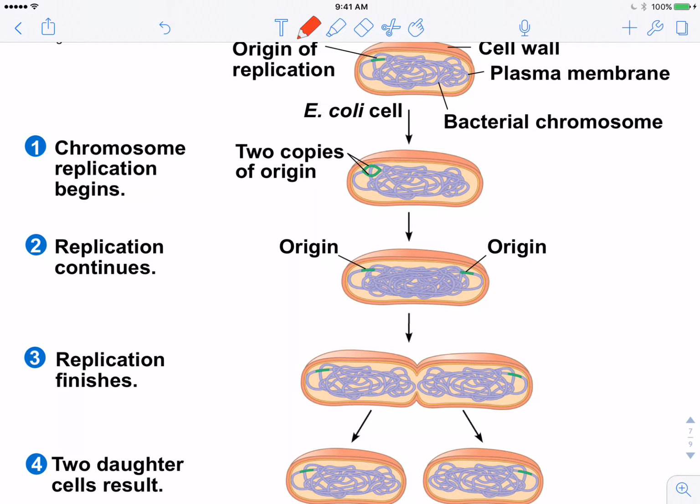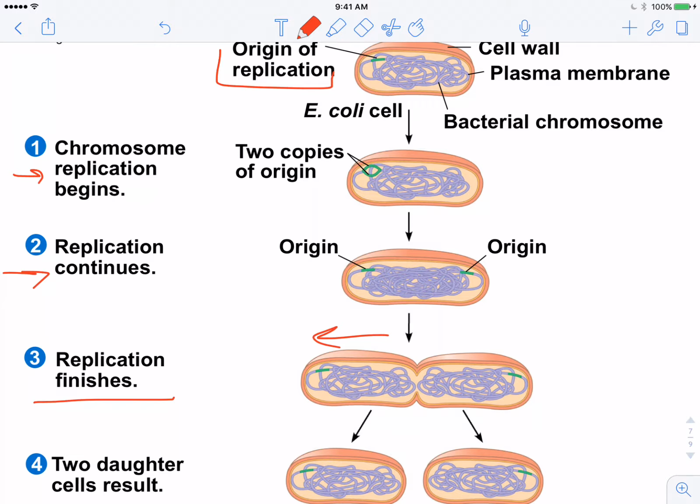Here we have our chromosome, and it begins to replicate at a site we call the origin of replication. We'll talk more about that when we talk about DNA replication, chapter 17 or 18. Once replication is finished, you have two chromosomes.